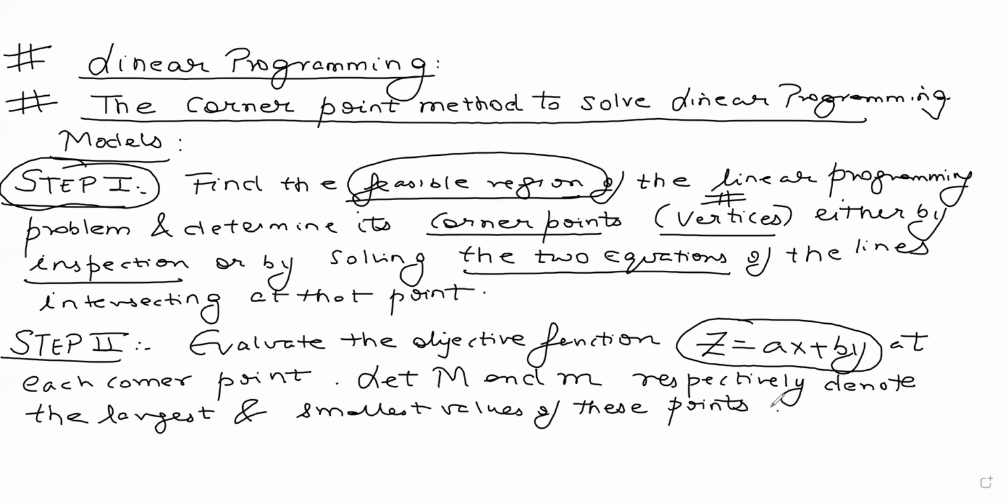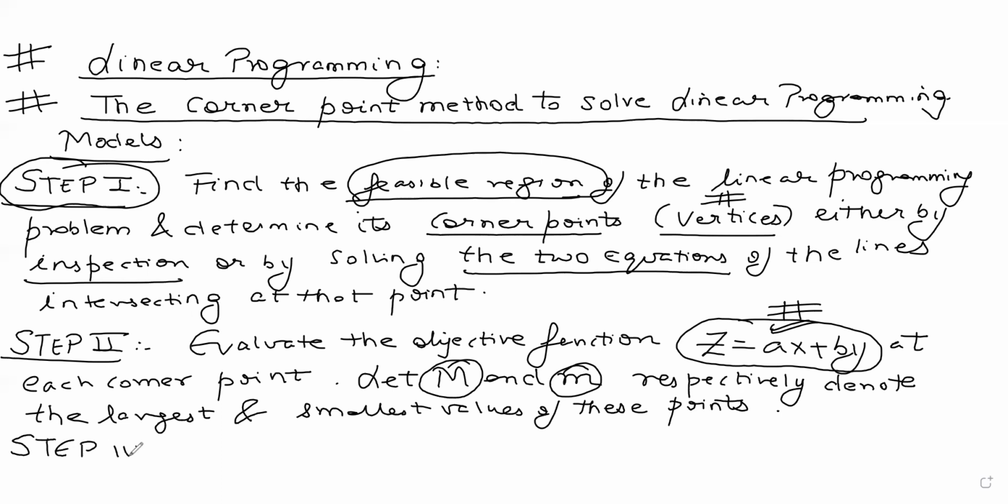So capital M denotes the largest value which Z takes, and small m denotes the smallest value. That means capital M will be the highest value of Z I can get, and small m will be the lowest value of Z we can get from the points in the feasible region. Now I can move on to step 3.